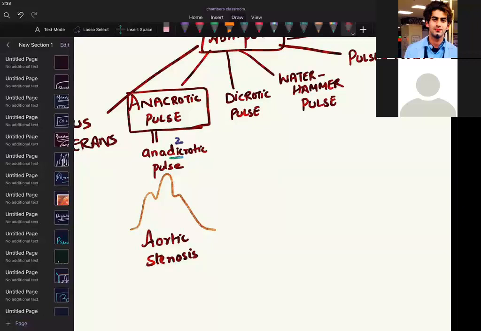If you have a narrow area leaving that blood, you have a narrowing of the area, definitely you will have two rebounds. Clear? So this is seen in aortic stenosis. You'll be learning more about this in medicine and pathology.